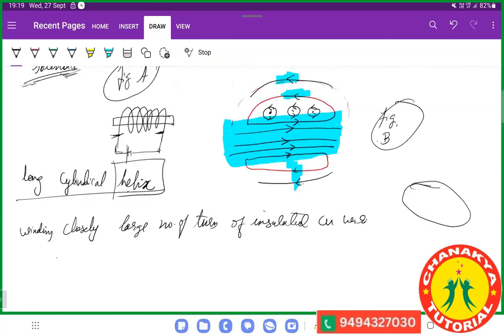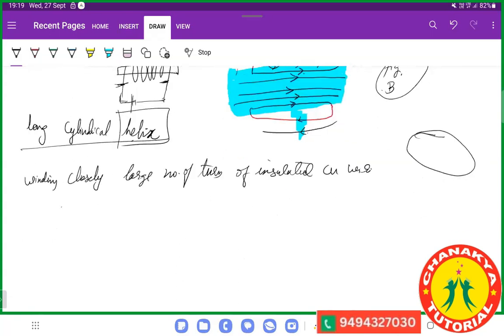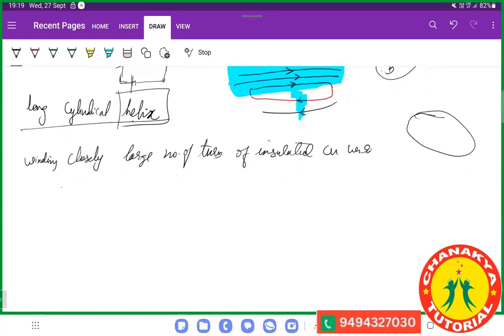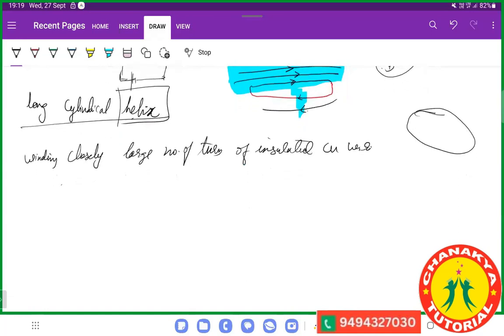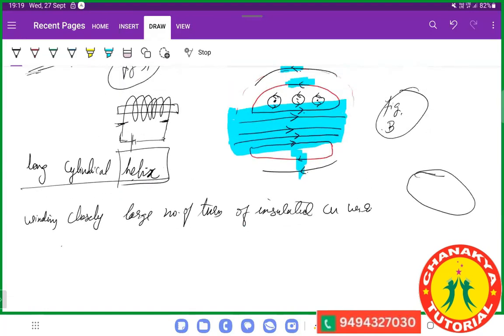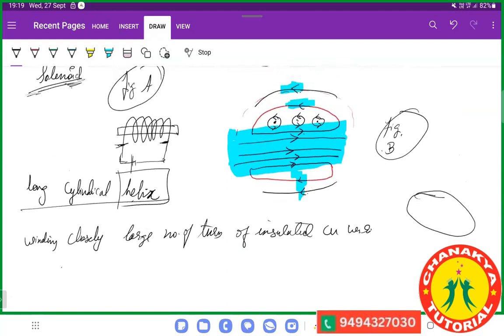Now, if we take one small magnetic field here, and all the particles like this, if we consider on this side of a magnetic field, let me write here. Let's consider some values here so that we can have some formula.